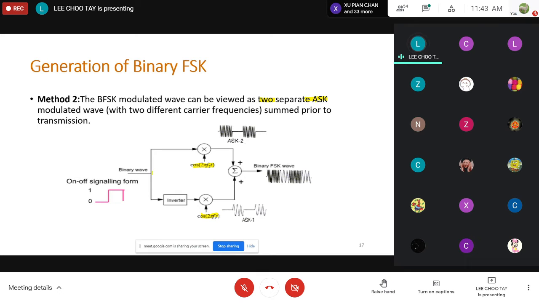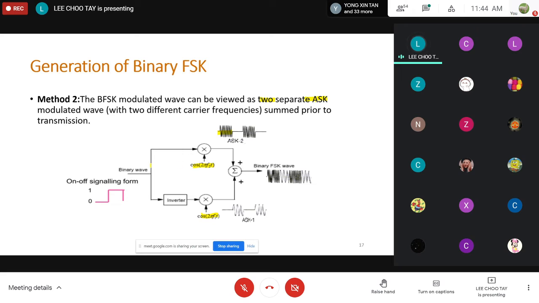Again, we send our binary signal in. To actually modulate, we use a 1 to modulate this carrier with the frequency F2. Therefore, if we have a 1 here, then this 1 will multiply this carrier and give you this carrier component.